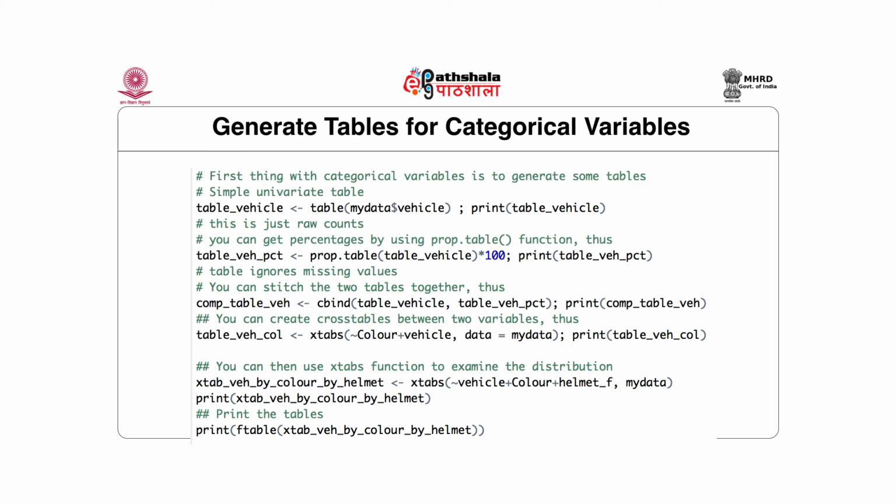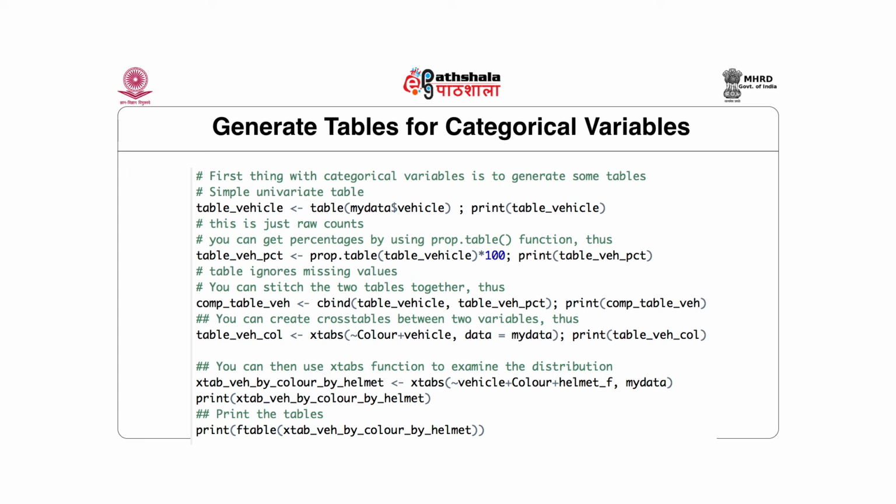But in real life, in order to summarize or describe the many levels of a categorical variable, you have to combine both the raw numbers as well as their percentages. So you've created the percentages, and now you have to combine the raw numbers with the percentages so that you can have a table with numbers and percentages.